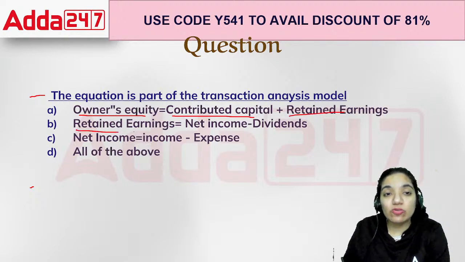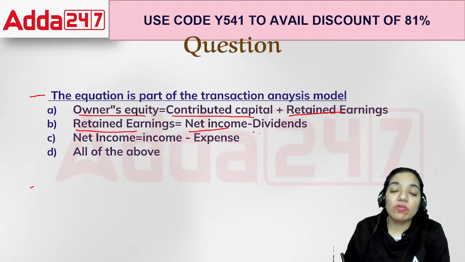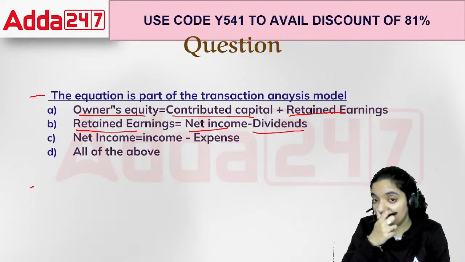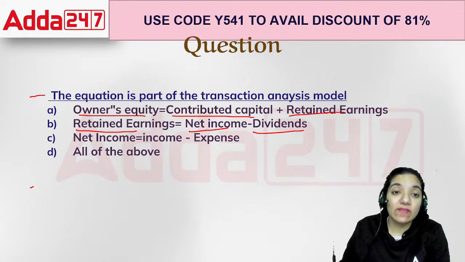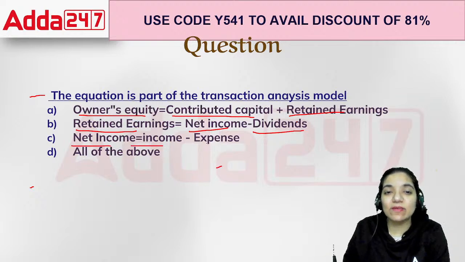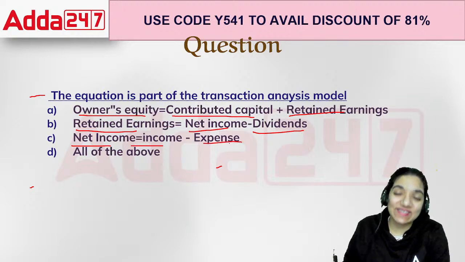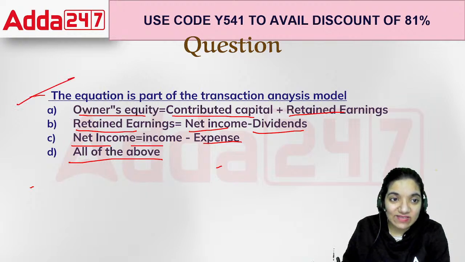Second, what do you mean by retained earnings? It is basically from the total income, whatever amount you have already given to the people, whatever is left, that is the savings of the profits. Then, what do you mean by the term net income? It is income minus expenses. That's how we make the profit, or all of the above. The correct answer is all of the above.